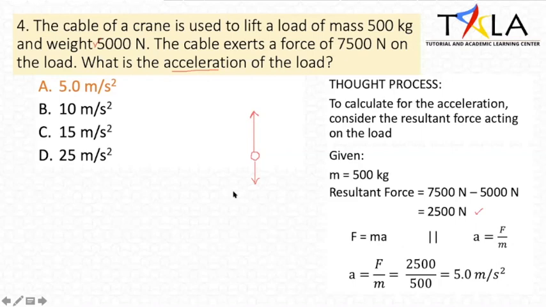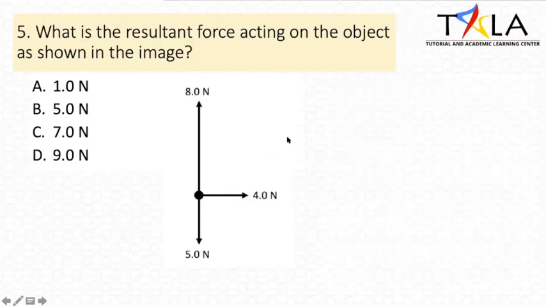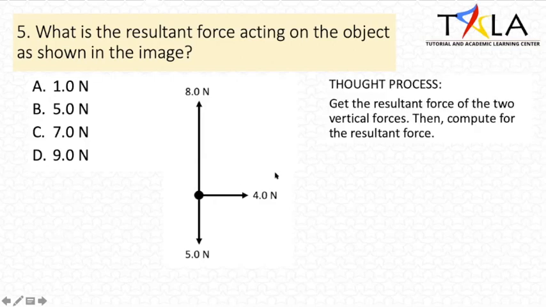Alright? Next. What is the resultant force acting on the object as shown in the image? What's your answer here? So, thought process. Since we have two vectors on the vertical axis, we can get the resultant force agad, di ba?